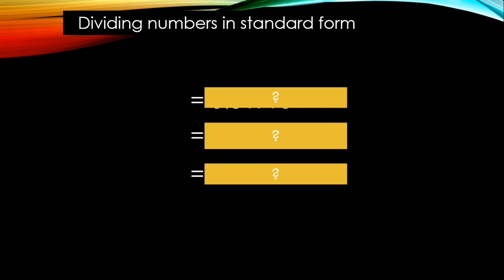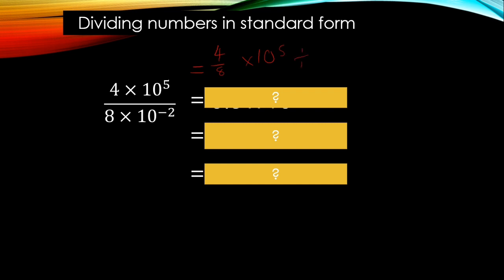Let's move on. Dividing numbers in standard form is also easy. You just need to do the reverse of what you were doing in multiplication. For example, here, it's 4 times 10 to the power 5 divided by 8 times 10 to the power minus 2. This can be rewritten as 4 divided by 8 times 10 to the power 5 divided by 10 to the power minus 2.